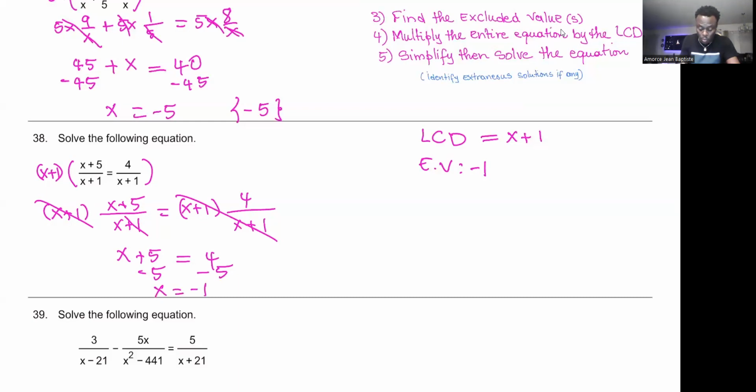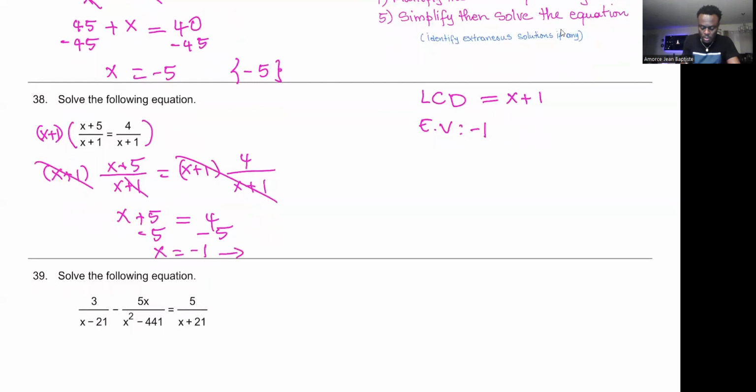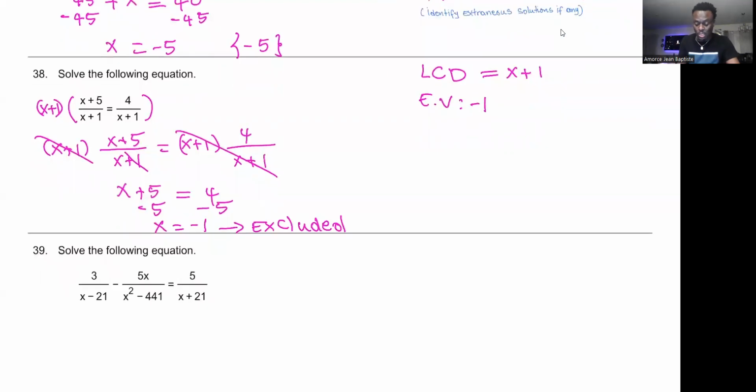And then -1 was excluded, which makes -1 an extraneous solution. So we don't have a solution, because that's the only solution we'd have, and it was excluded. So no solution.